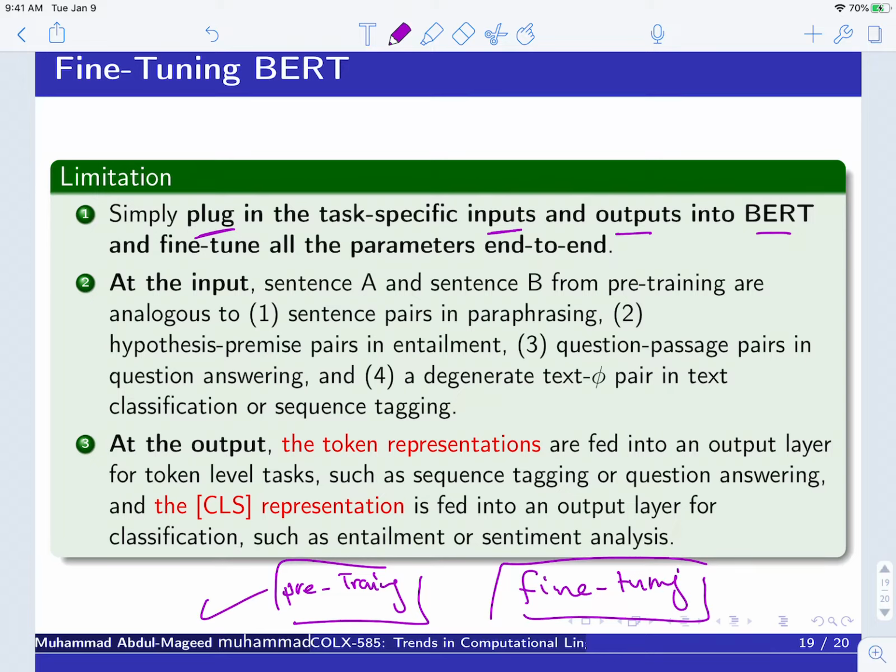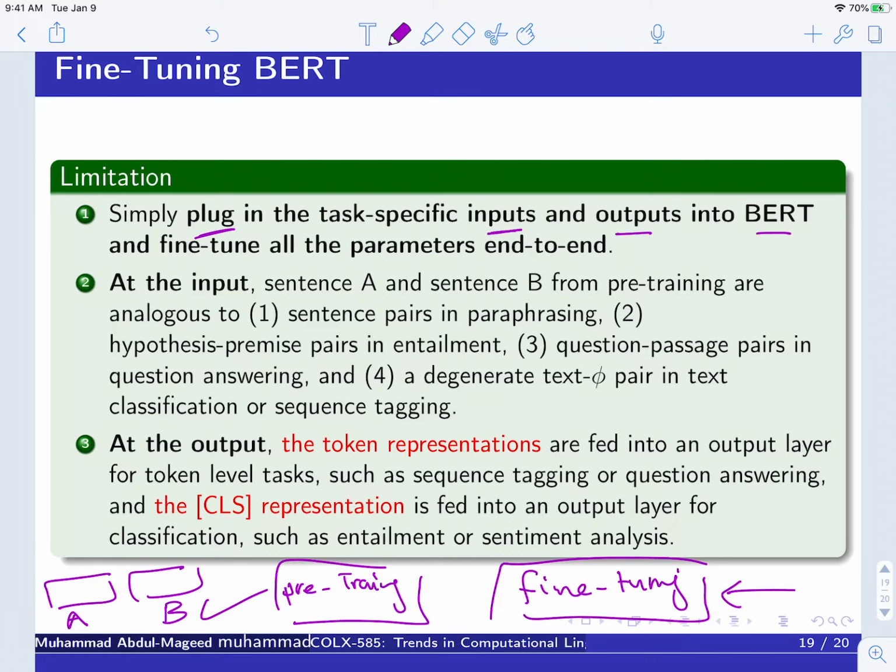We've already talked about pre-training, and now we are talking about fine-tuning. Note that the pre-training had two things: sentence A and sentence B.